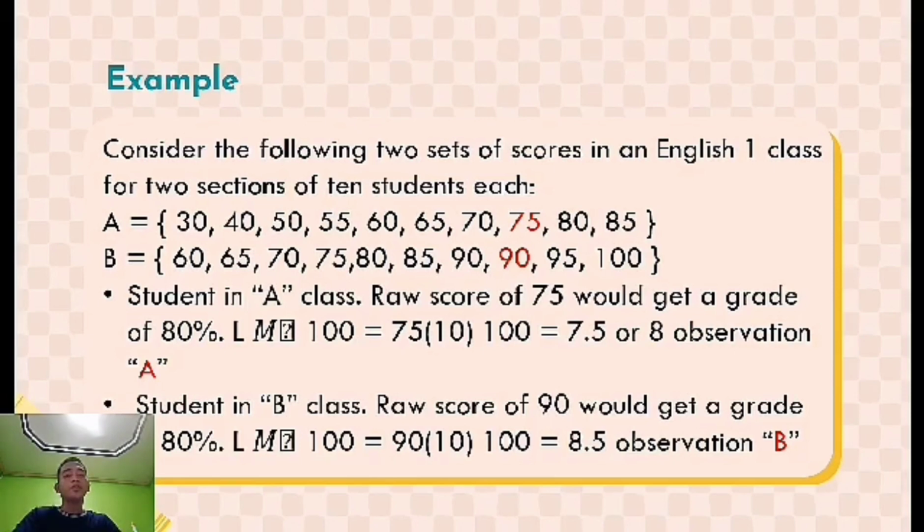In the norm reference grading system, if you got the highest score, automatically you are the top student or the highest.